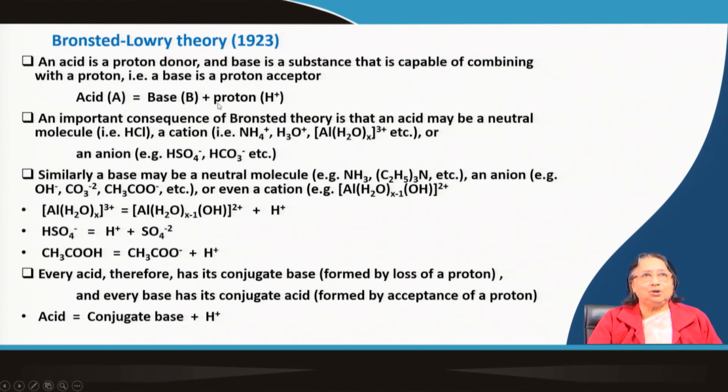So, here it is shown, you can see that acid, if I denote it as A and base I can say it is B, then acid gives H plus, then H plus will be taken up by the base to form some type of acid. So, this is more general, and this can explain many things beyond this Arrhenius and Franklin concept.